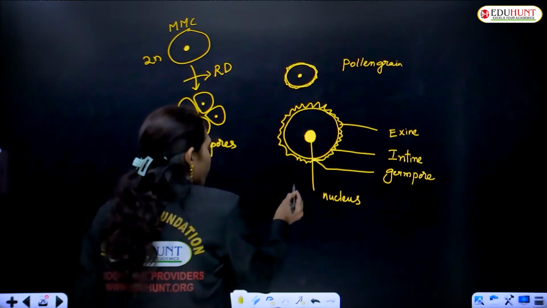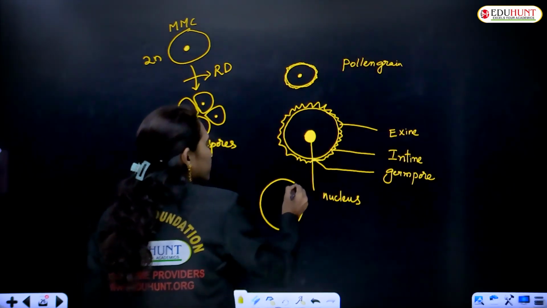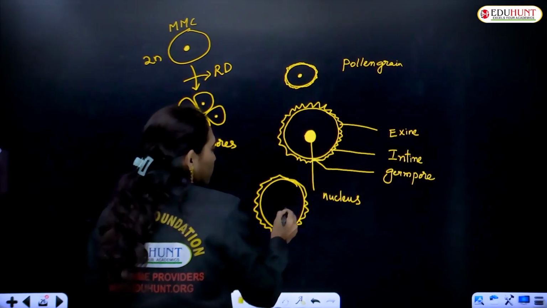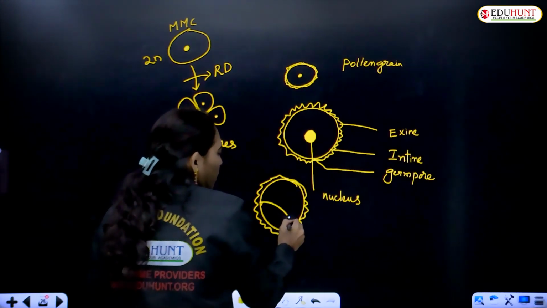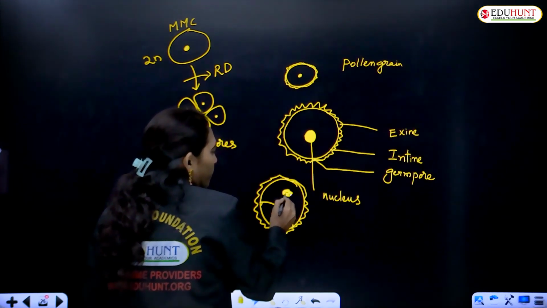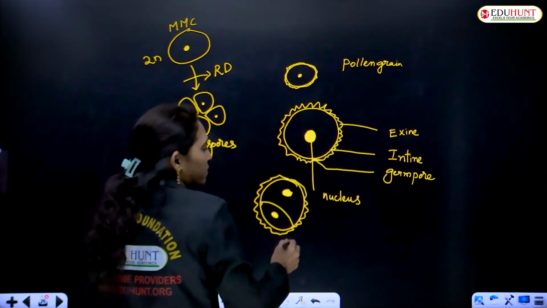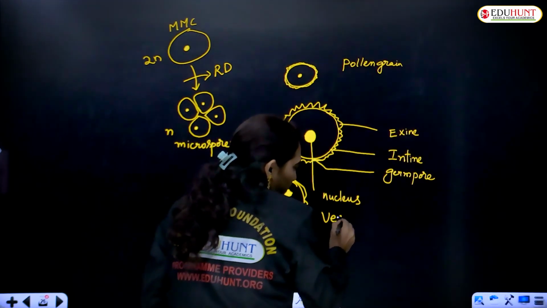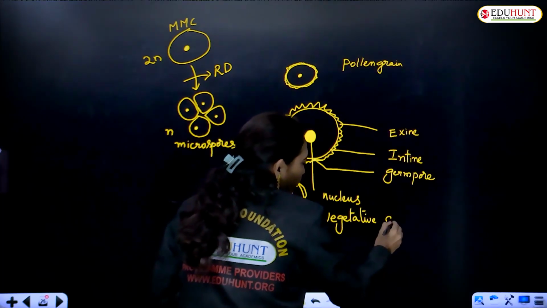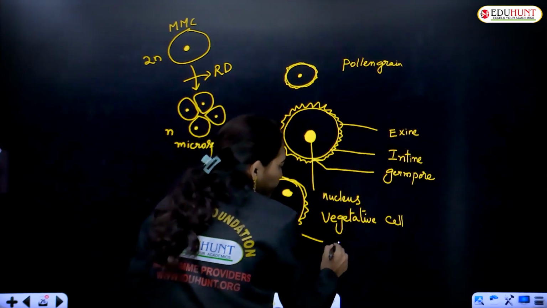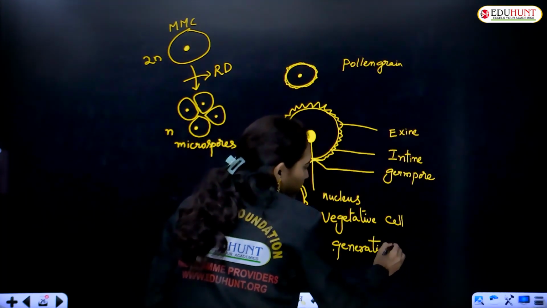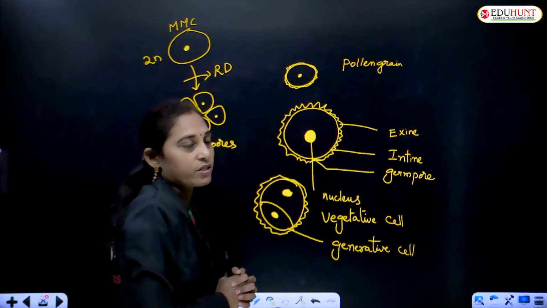After division, it has two cells, a vegetative cell and a generative cell.